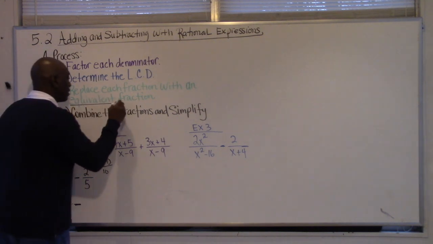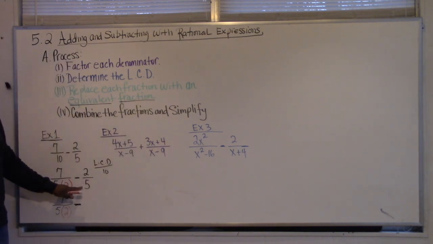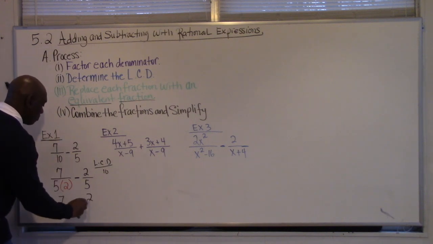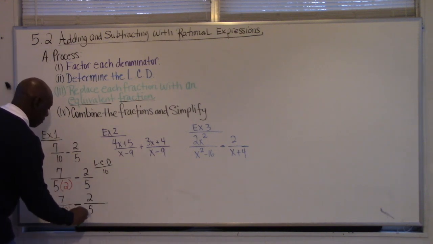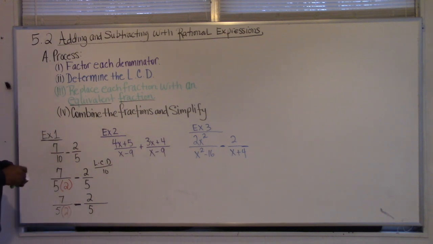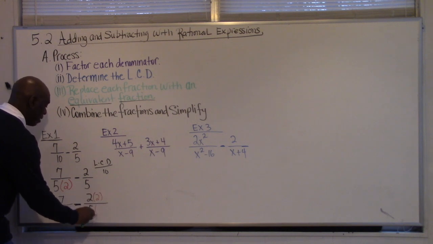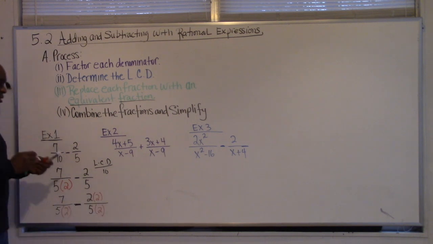Same value as that one, but equivalent. Here it is. Keep the 2, keep the 5, but now we have to multiply top and bottom by 2. There you go. That's the equivalent fraction.